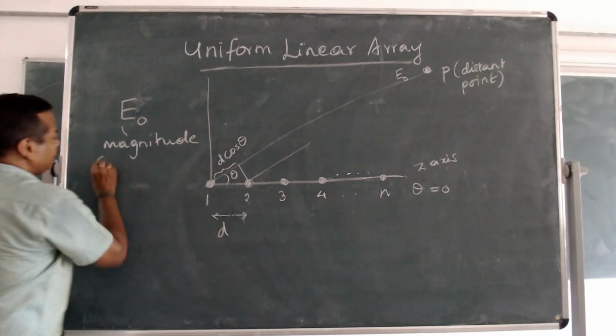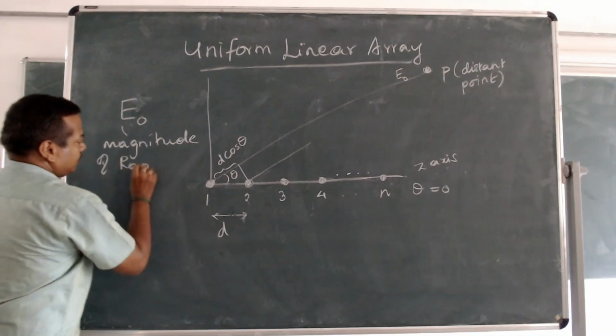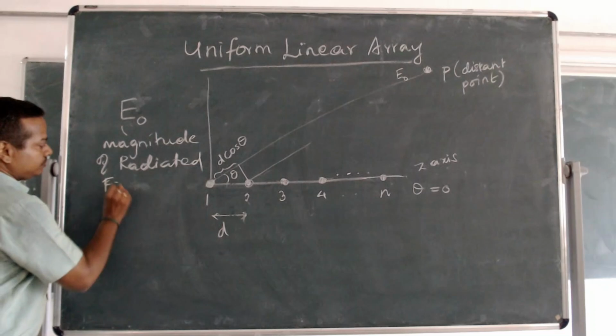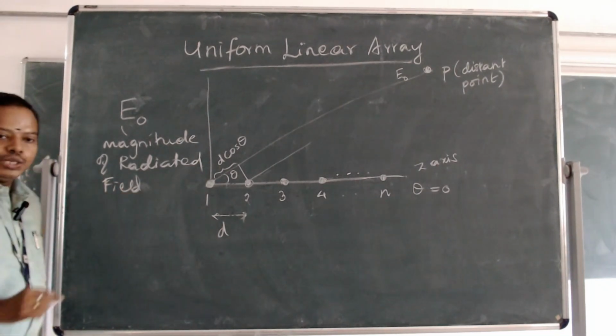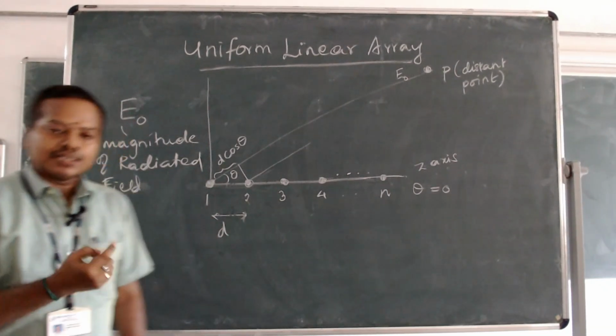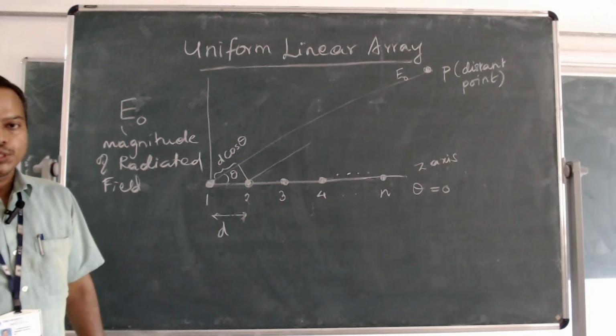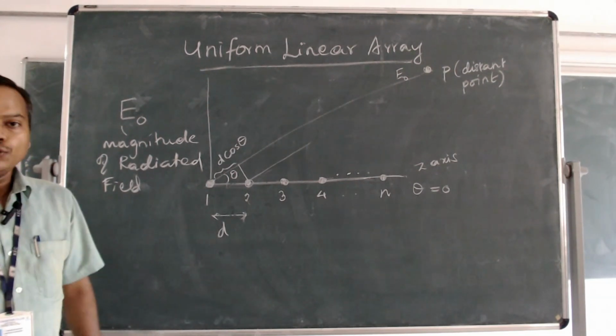The successive elements will have a radiated field that has a progressive phase shift. That is the meaning of uniform linear array.